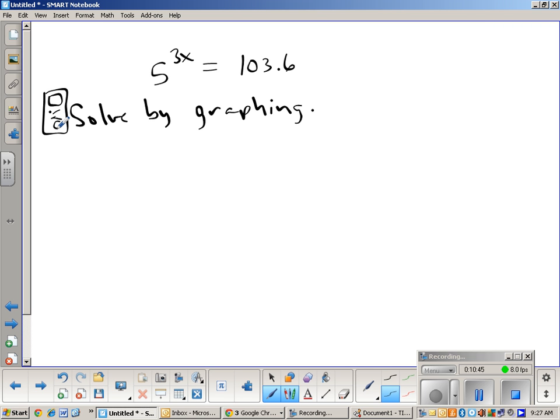That's your calculator. Looks a lot like it, doesn't it? Okay? Good. So, what we're going to do is we're going to say y equals 5 to the 3x and y equals 103.6. And so actually we're going to say y1 equals 5 to the 3x and y2 equals 103.6. And we're going to plug these into our calculator and graph.